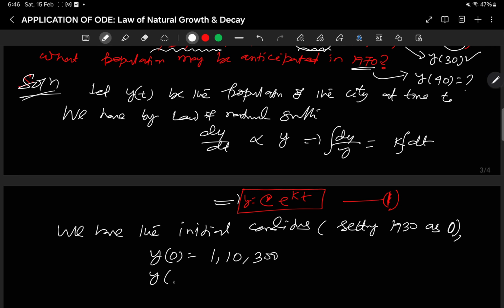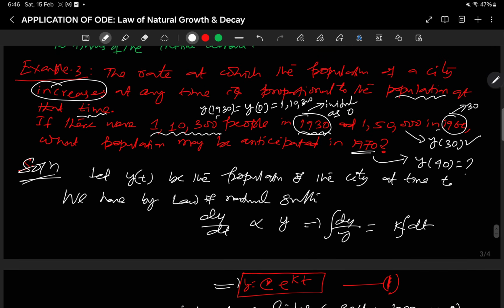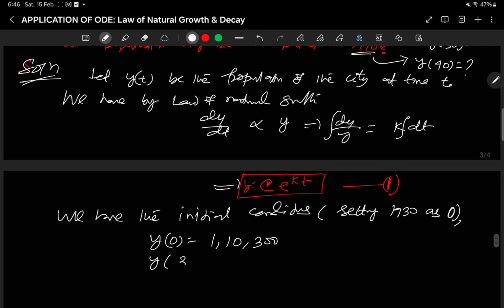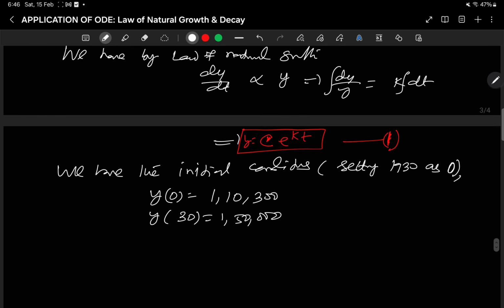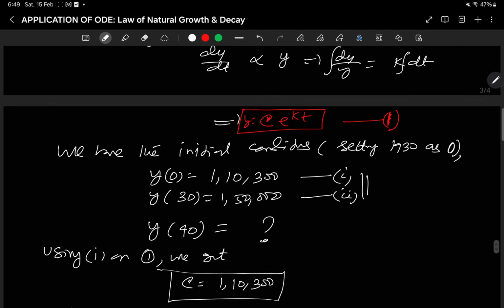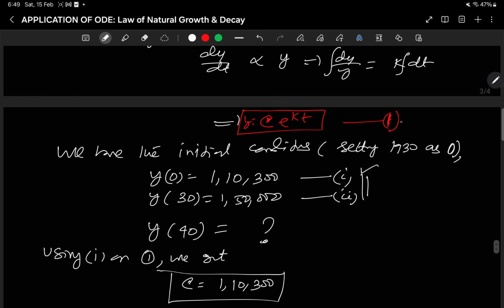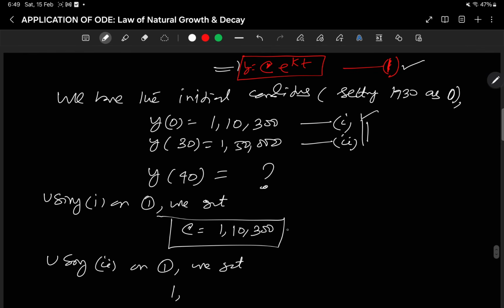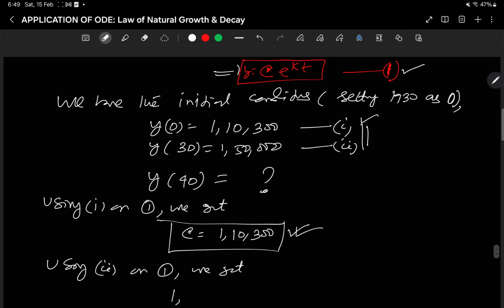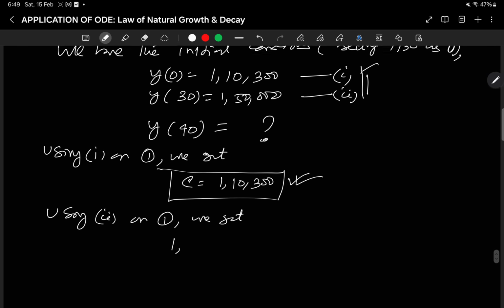Then the year 1960 becomes 30, so y of 30 is equal to 1,50,000. And you are asked y of 40. Let it be my condition 1 and condition 2. We impose condition 1 and 2 on equation 1. Using condition 1 on equation 1, e to the power 0 is 1, so c is this.